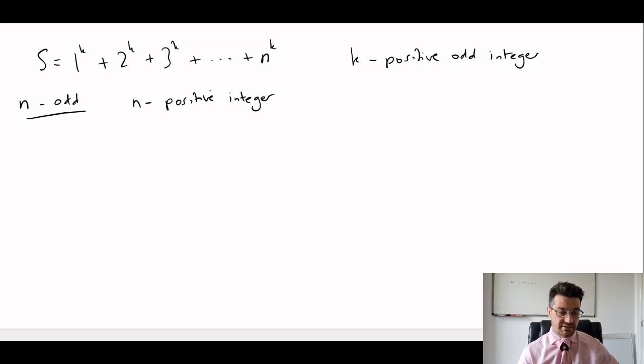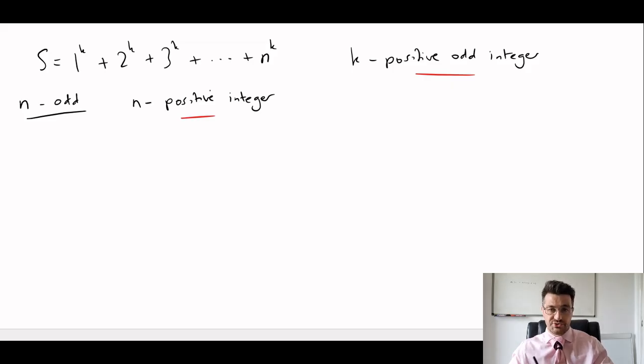It's particularly when n, in that case it was uppercase n, here it's going to be lowercase n, is a positive integer, m is a non-negative integer and k is a positive odd integer. Well, we've got that k is a positive odd integer, and now we've got n is a positive integer.